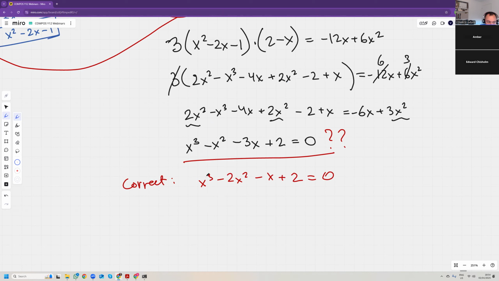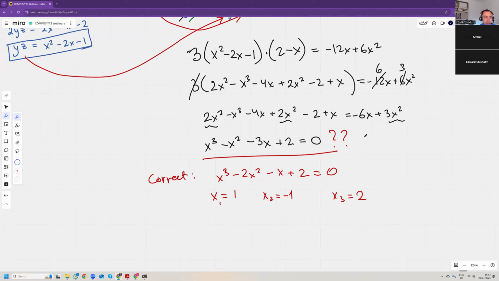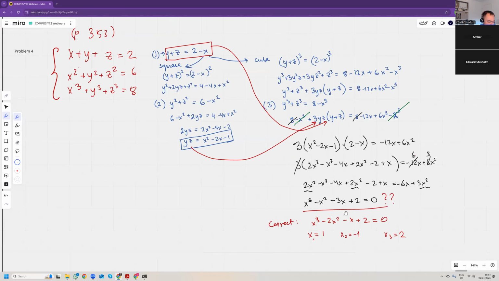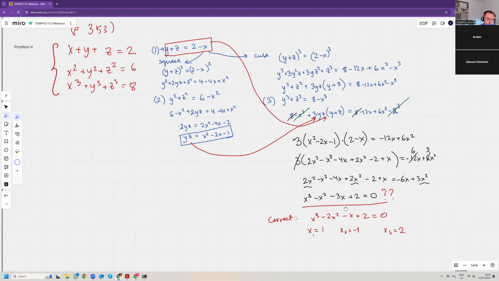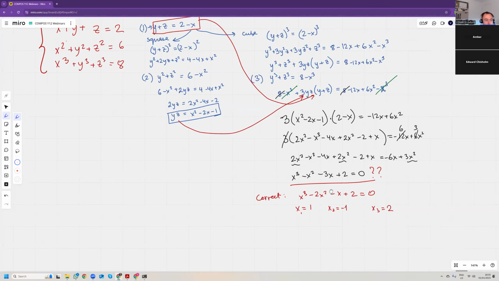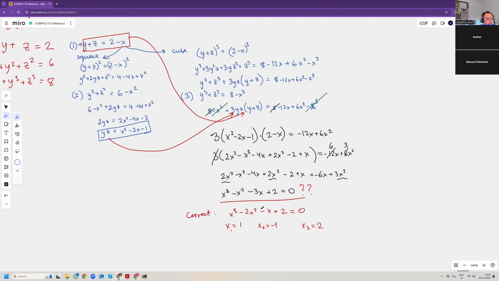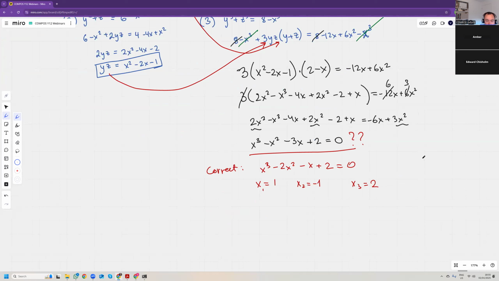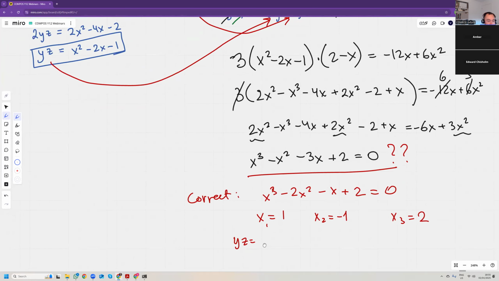And then you solve this equation and you get x1 equals 1, x2 equals minus 1, and x3 equals 2. And then you find y. How do you find y? Well, you use the equation yz equals x squared minus 2x minus 1.